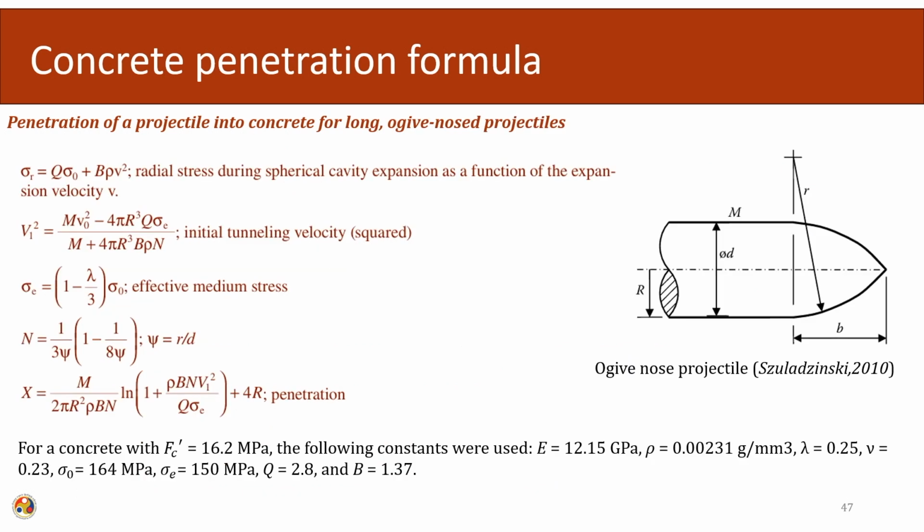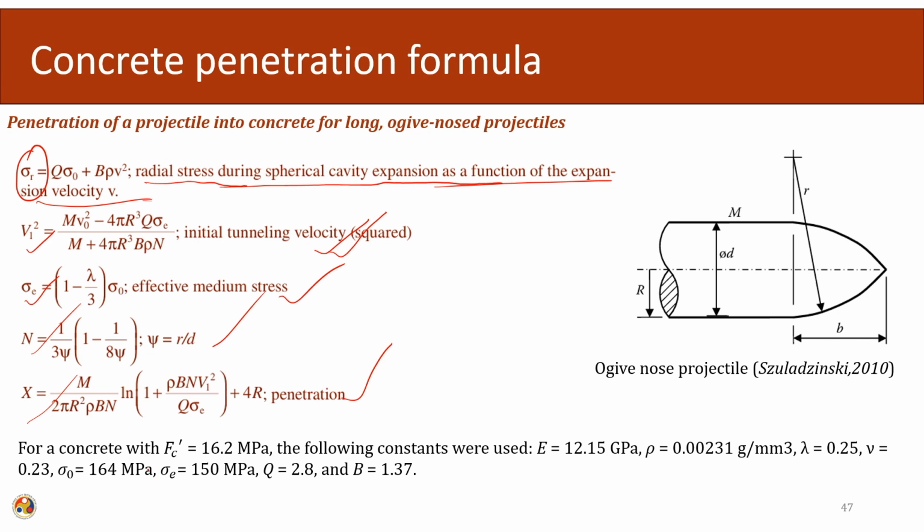Moving ahead, now different other parameters are expressed. We were looking into the penetration depth, now we are looking into the radial stress. This is the condition for radial stress during spherical cavity expansion as a function of the expansion velocity. V1 square we are defining as the initial tunneling velocity, sigma c is the effective medium stress, n is the factor, and x is the penetration depth.